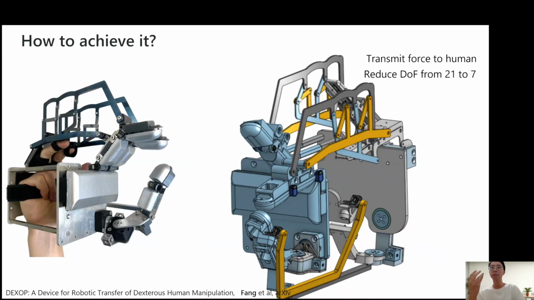This linkage system allows humans to actuate the passive hand with our own hand, and it also transmits forces from the passive hand to our hand. And now we have a device that can capture human hand pose, and the passive hand can interact with the environment and capture the whole hand tactile sensing.